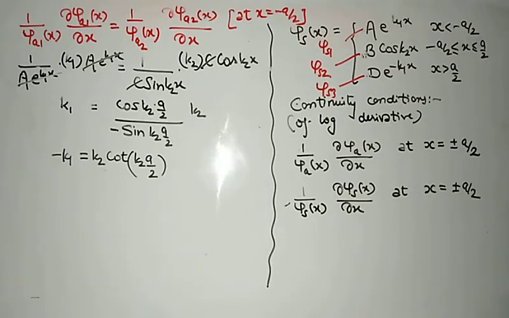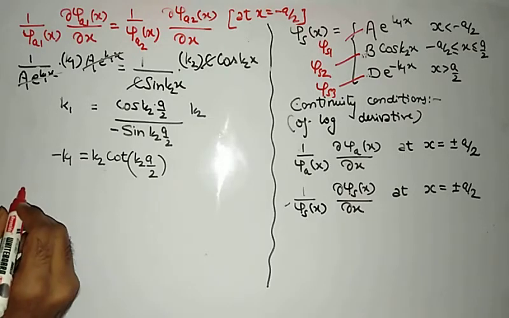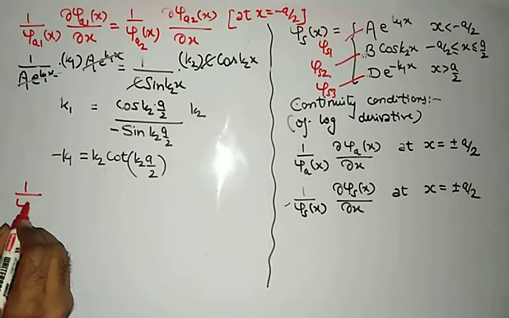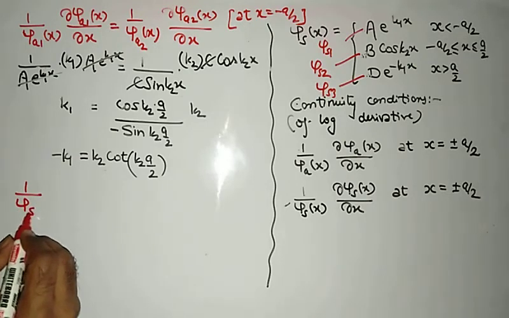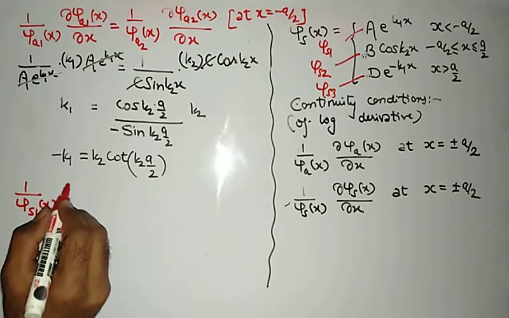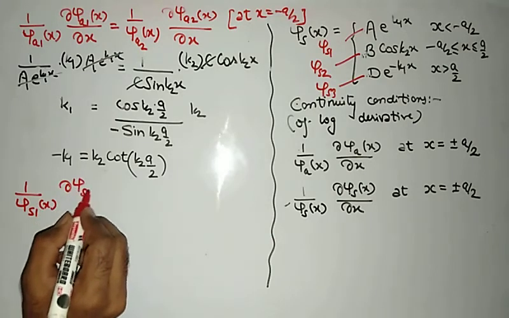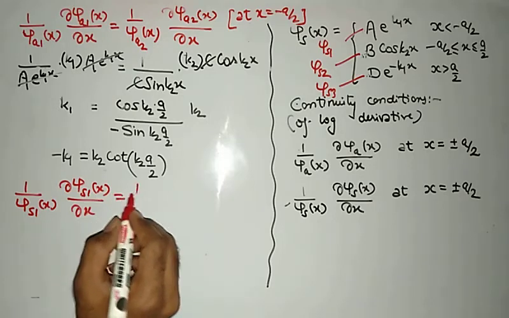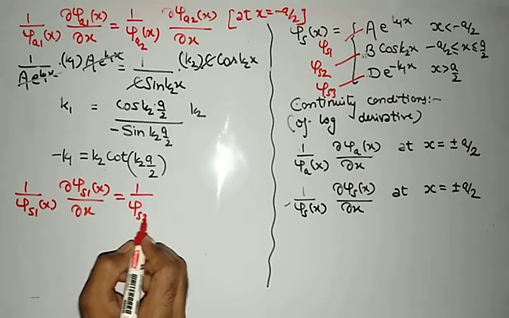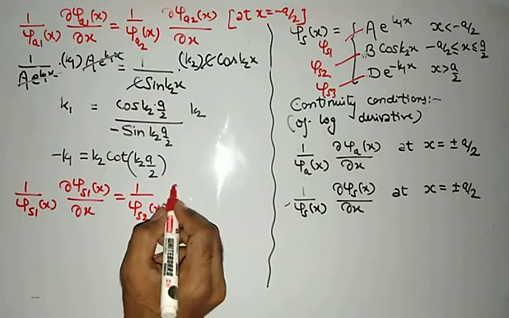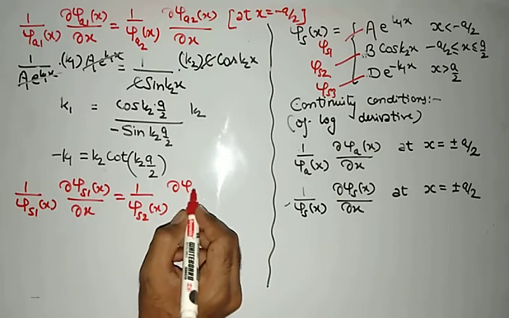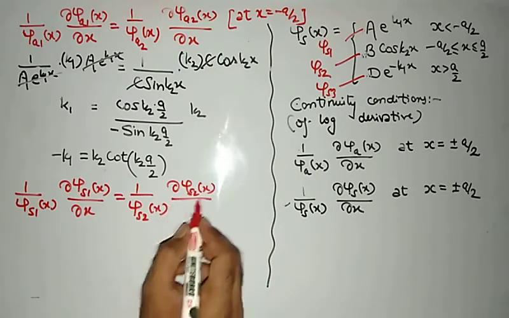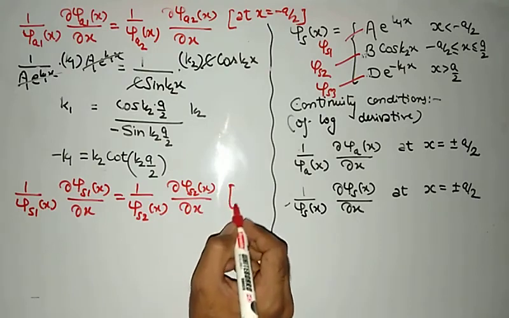So for symmetric, writing condition 1 upon psi s1x, deva psi s1x upon deva x is equal to 1 upon psi s2x, deva psi s2x upon deva x.